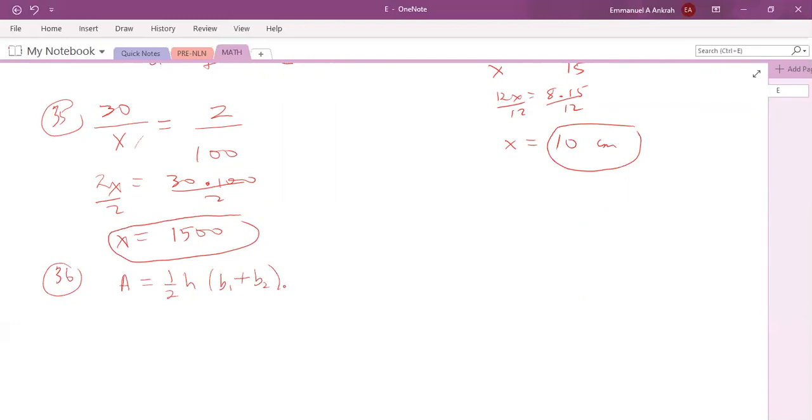First of all, I multiply by 2, so I get rid of the fraction. Yeah, and then I divide it by B1 plus B2. All right.